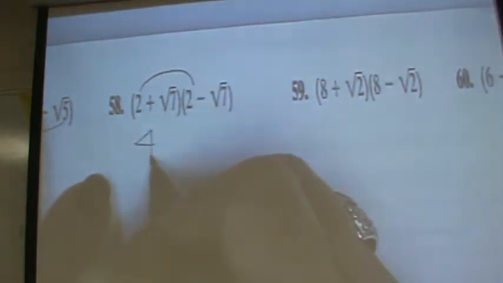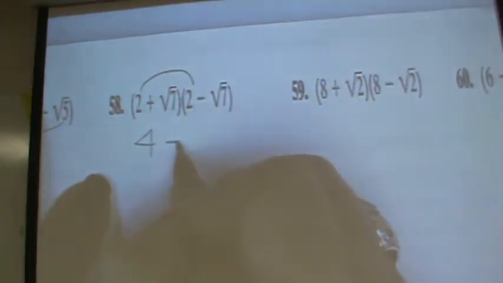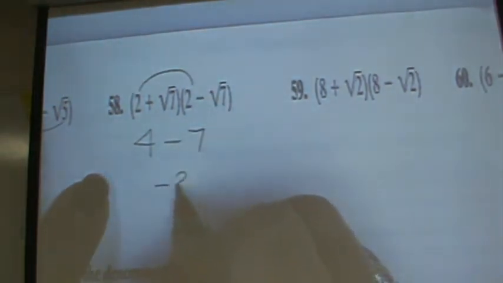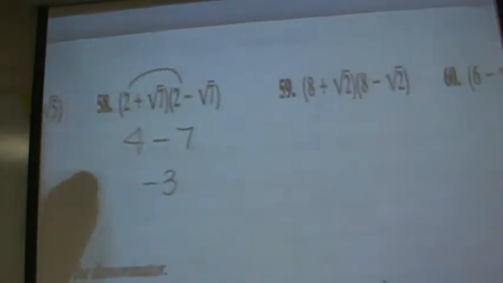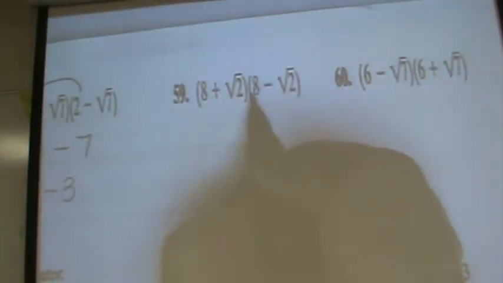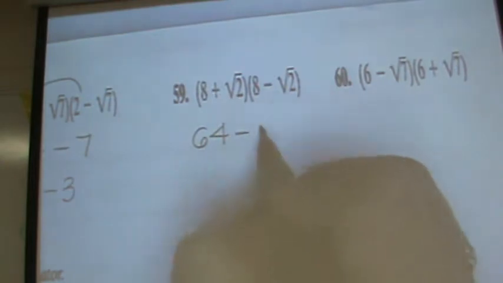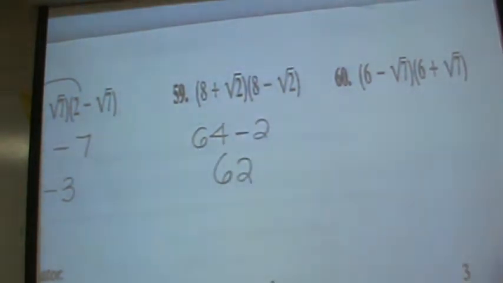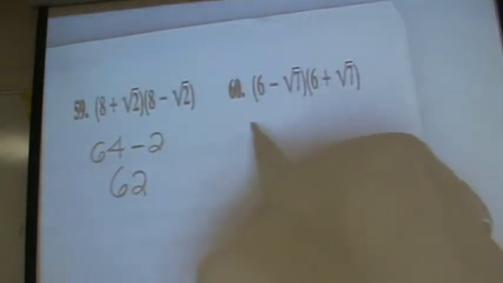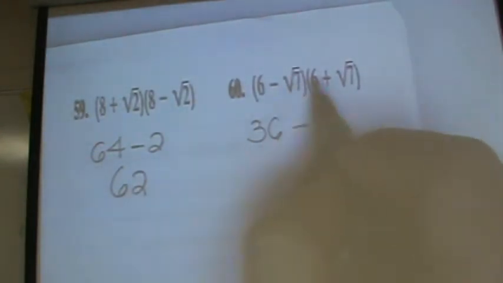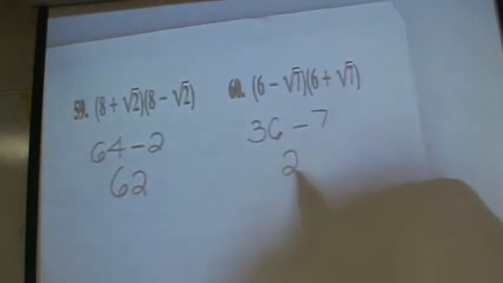Number 58, 2 times 2, which is 4, and then minus root 7 times root 7 is 7, minus 3. 8 times 8 is 64, and then minus root 2 times root 2 is 2. 6 times 6 is 36, minus 7, which is 29.